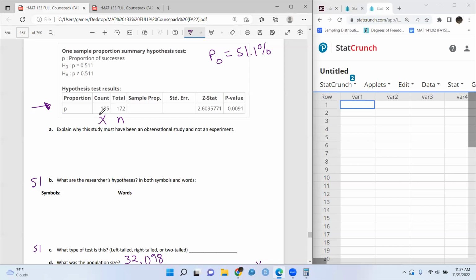Really, free and reduced lunch is tied to your income. And so you can't randomly assign households an income. Like, it's just impossible. But yeah, you've got the right idea. We can't assign household income.